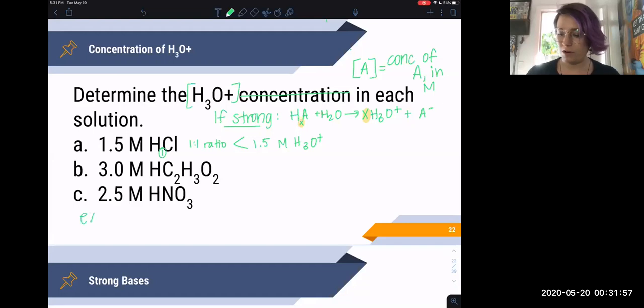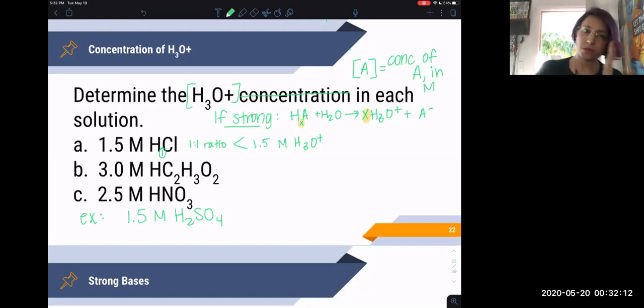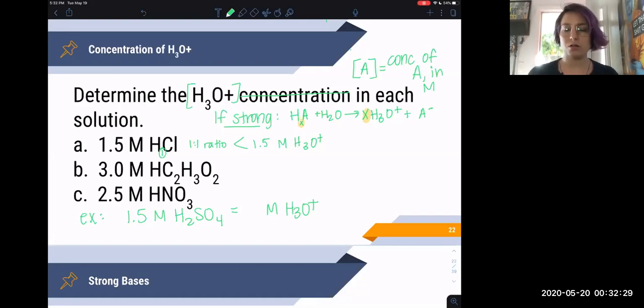For another example: if I have 1.5 molar sulfuric acid, which is strong, what is the concentration of hydronium?